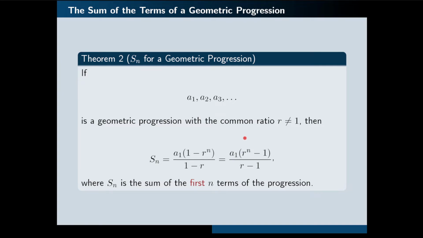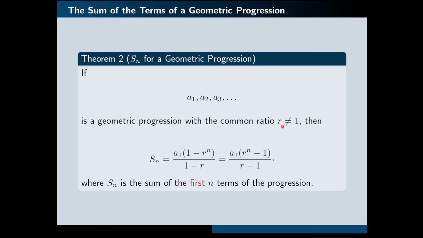So now we want to find a formula. That is the last part of our lesson today. We want to find a formula for Sn in a geometric progression. We want to prove that if this is a geometric progression with common ratio r, there is one exception where this formula will not work, and that is the case that r is equal to 1.